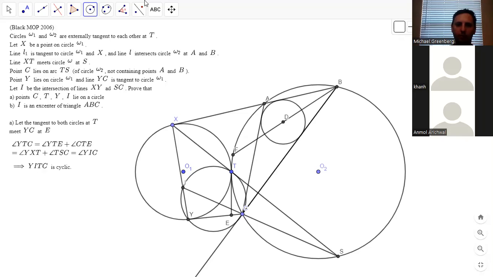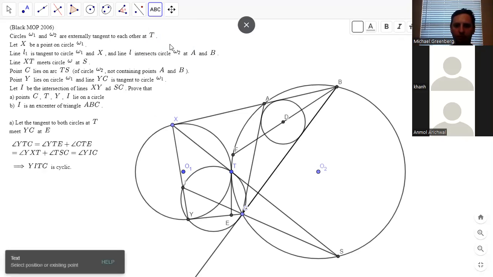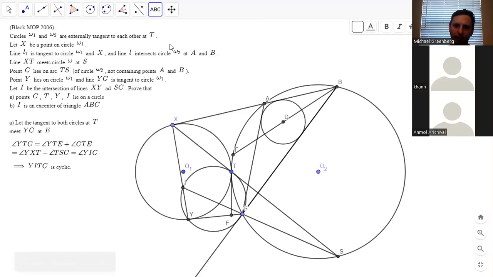All right, I'm going to write up what we've said so far. First of all, SA is equal to SB. That's true by an angle chase. We have SAB is STB, which is 180 minus XTB.